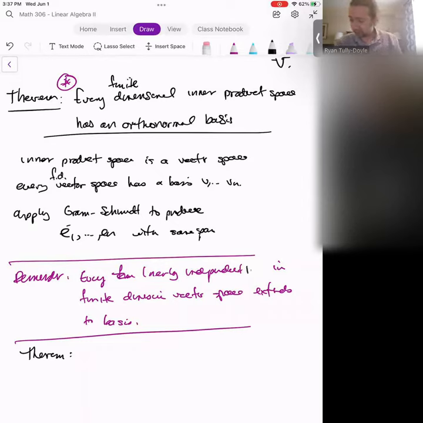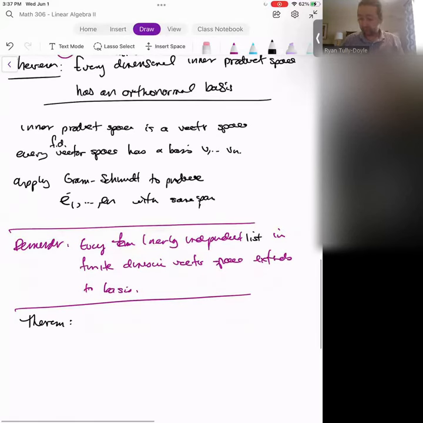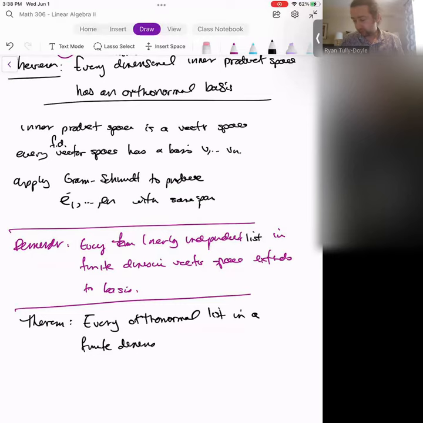Every linearly independent list in a finite dimensional vector space extends to a basis. The same theorem holds for orthonormal lists. Every orthonormal list in a finite dimensional inner product space extends to an orthonormal basis.